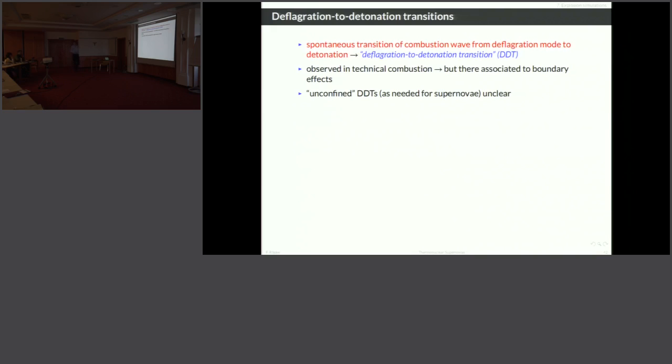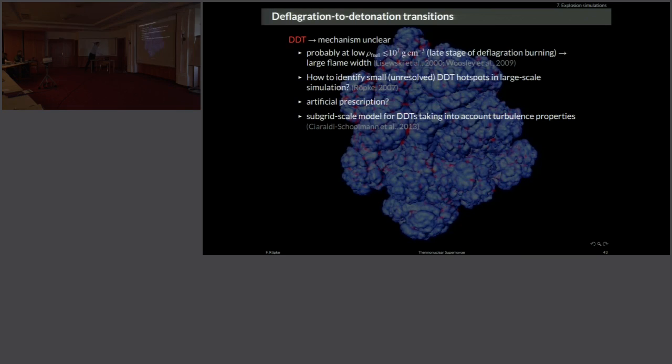Whether or not this is possible is unclear also in the terrestrial combustion community. One possibility is that since we have strong turbulence, maybe these turbulent eddies can break up at some point the flame and precondition the fuel material with shallow enough temperature gradients to allow for a detonation ignition by the Zeldovich gradient mechanism or by the Sweet mechanism that I explained yesterday.